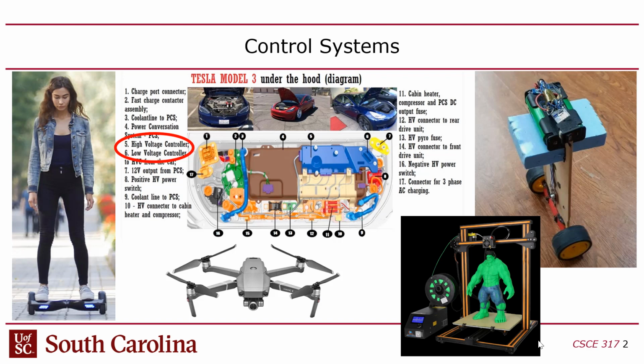They have to be controlled at a very high rate by these control systems. Another example would be like a drone that's flying, that's being controlled in real time, or these 3D printers, or robots.